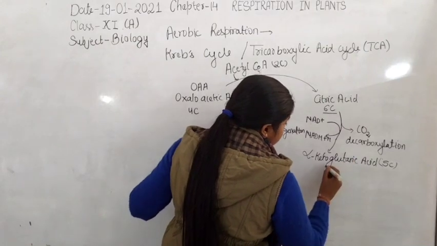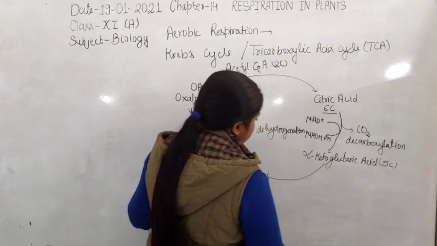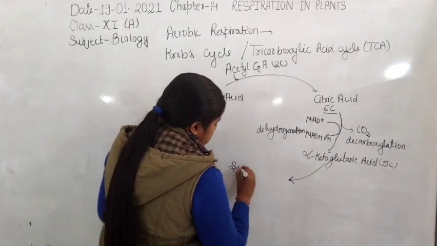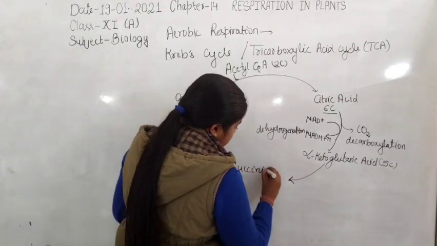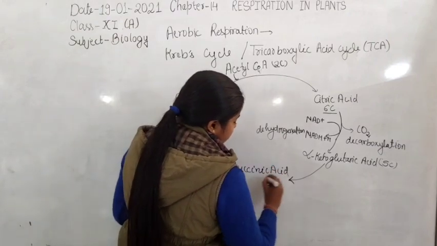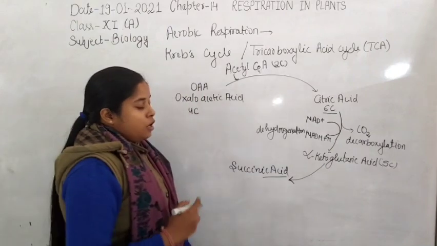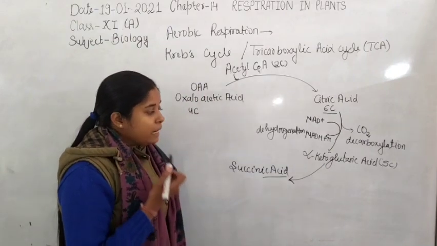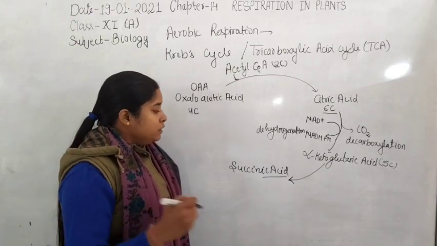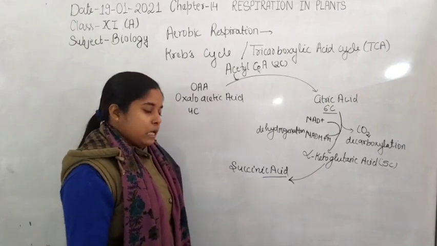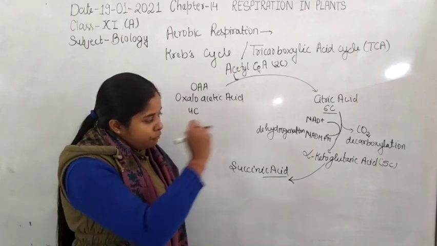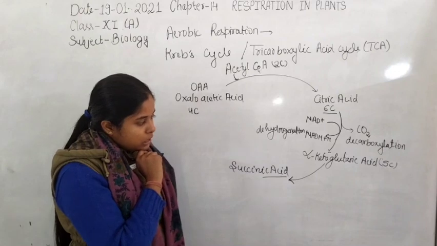Now the next reaction is the formation of succinic acid. Before this, there is the formation of succinyl coenzyme A, and after the formation of succinyl coenzyme A, succinic acid forms.